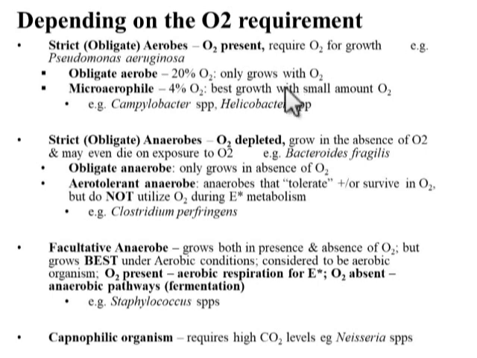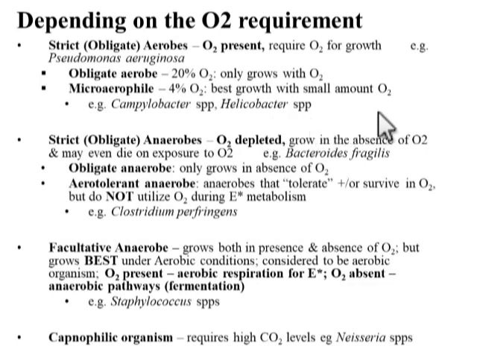You would classify them as obligate aerobes, which need at least 20% of O2. And you have the microaerophiles, which can survive at lower concentrations of O2 and grow best in those conditions, like Campylobacter, for example, or Helicobacter.